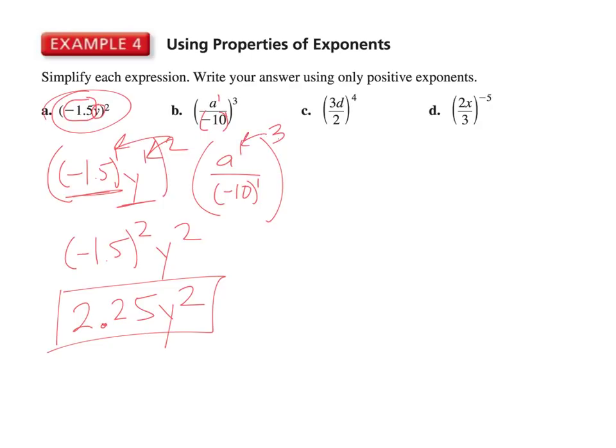So I can multiply these, and I get a to the third, and then I get negative 10 to the third power. So I end up with a to the third, and negative 10 times negative 10 times negative 10 is negative 1,000. So we always put that negative next to the division sign, though. All right, and we have that.